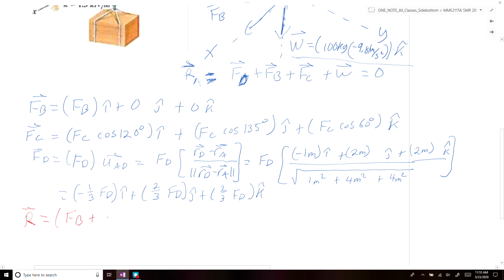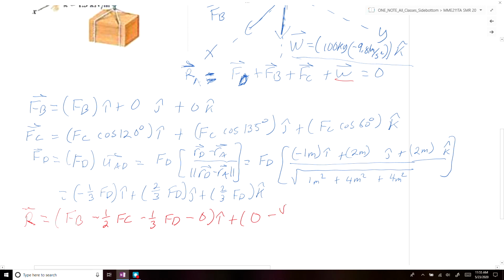Cosine of 120 degrees is actually equal to negative 1/2, so we'll get minus 1/2 FC. And then we'll get minus 1/3 FD, and then the weight has no x component, so we'll add a 0 here. And then for the y component, we'll get 0 plus FC cosine of 135 degrees, which is just equal to negative radical 2 over 2.